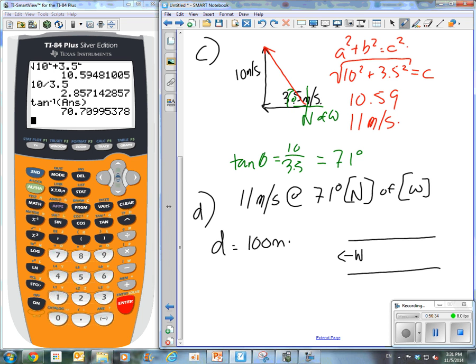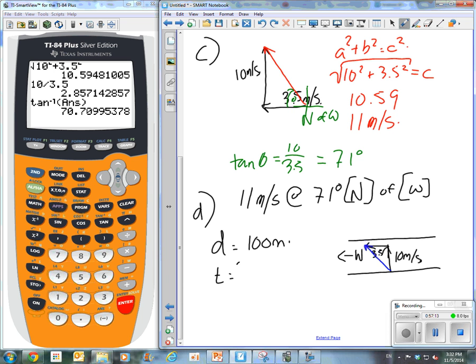The river flow is westerly, because that's what it says here. But the canoe is moving north. So it is that northern component that is going to determine how long it takes the boat to get to the other side. So this is the northern component. They're traveling at 10 meters per second. The river is taking them 3.5 meters per second, and they're resulting in this direction here. So they've got 10 meters to travel.